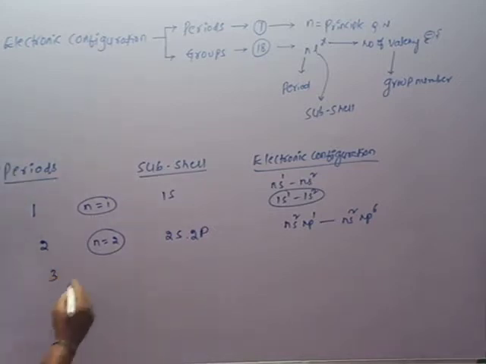Now the third period elements, n equals 3.